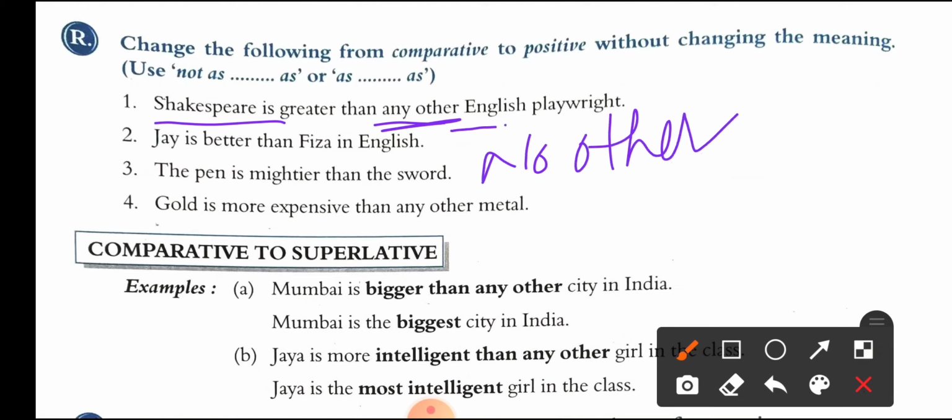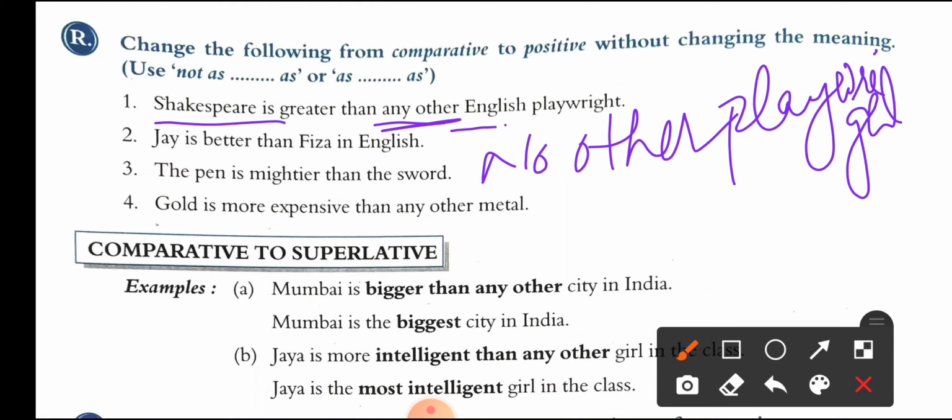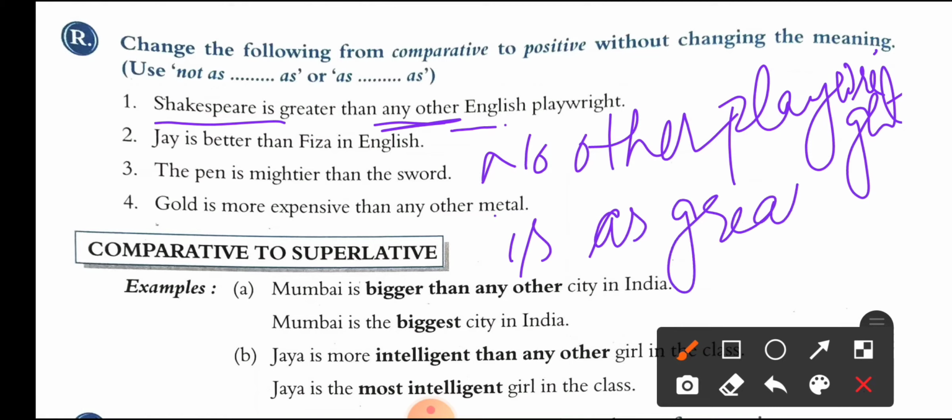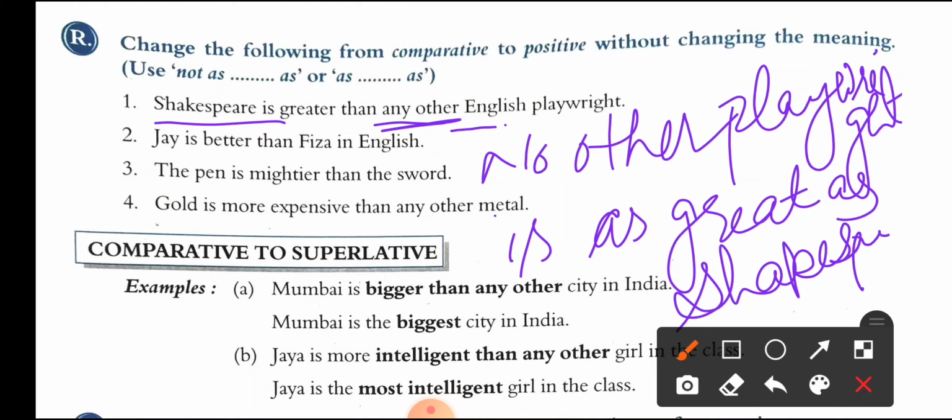"Any other" becomes "no other." No other playwright is as great as Shakespeare. This is the answer.